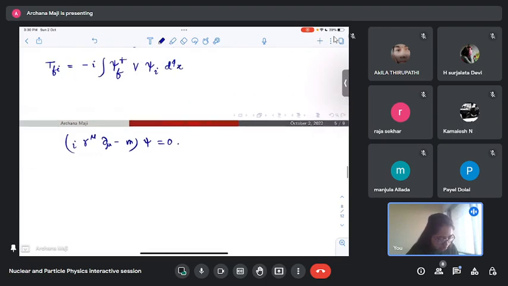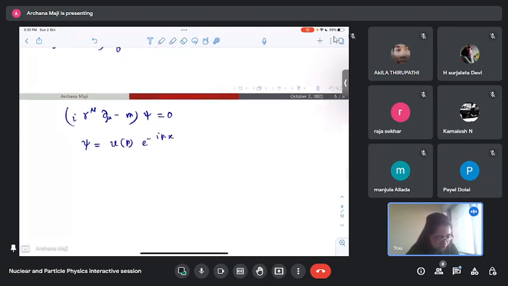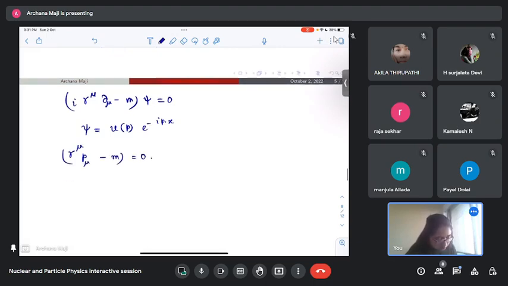This is for a free particle, we use the wave function to be the plane wave solution, and if we substitute here we get the form of the Dirac equation to be gamma mu p mu minus m is equal to 0. Okay, so this is for a free fermion.